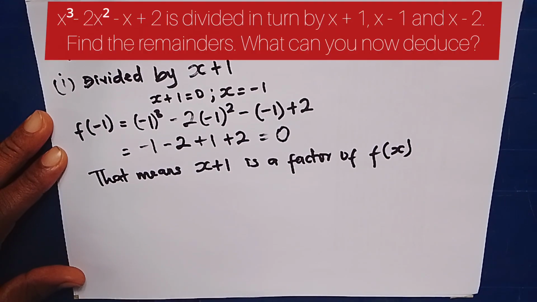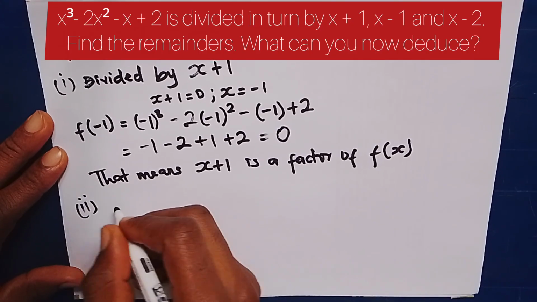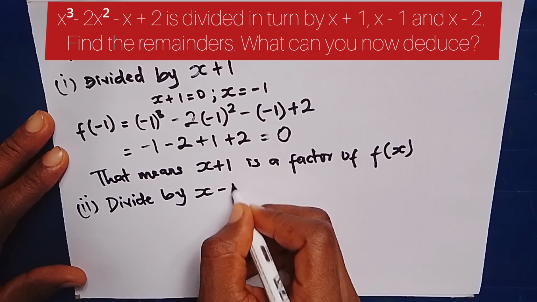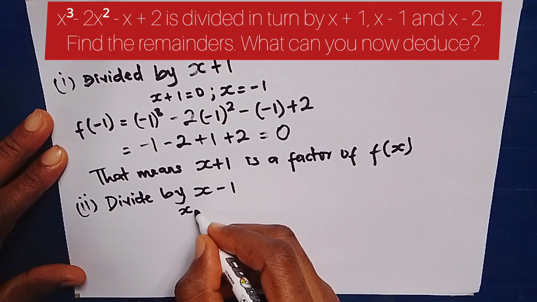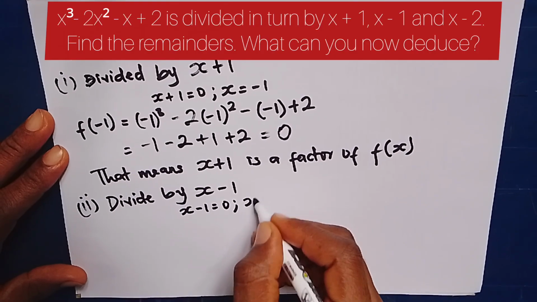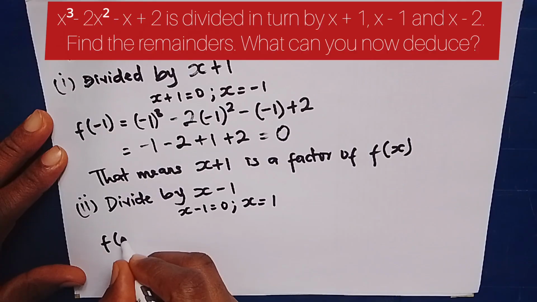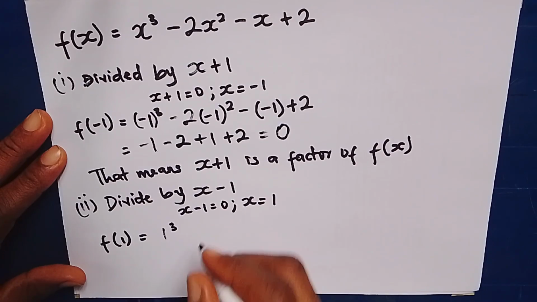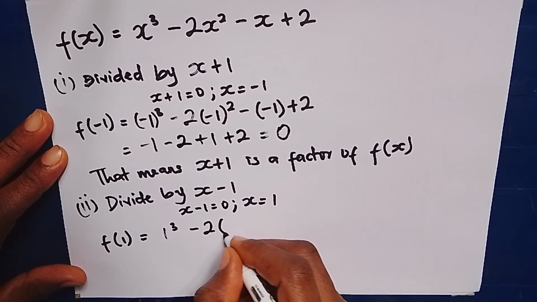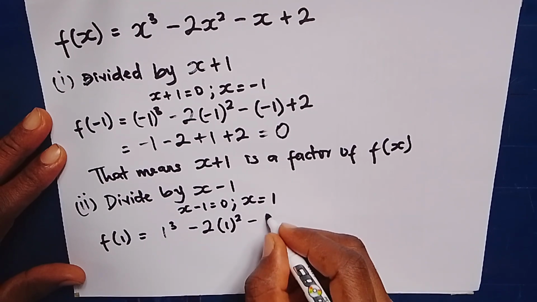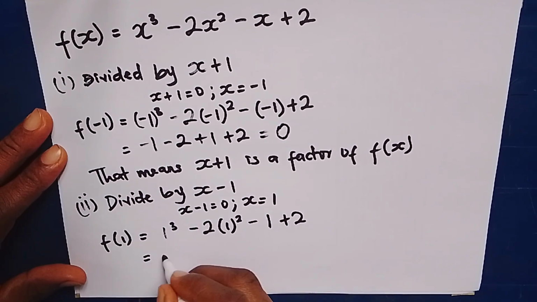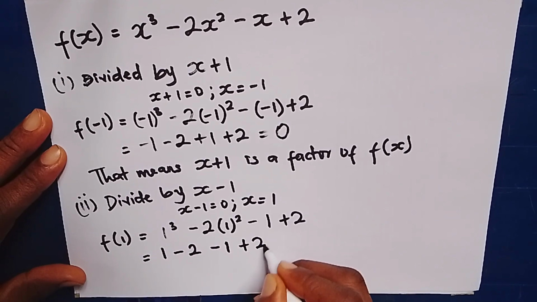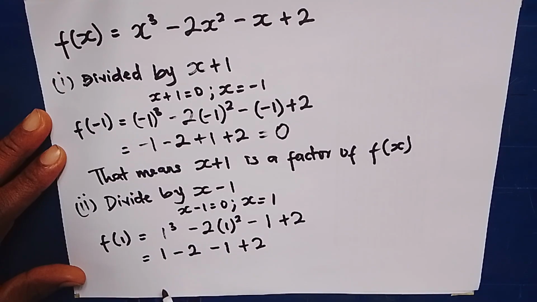Now to x minus 1, that is f of x divided by x minus 1. So our x minus 1 equal to 0, such that x is equal to 1. So by the time we have f of 1, we have 1 raised to the power 3 minus 2 times 1 squared minus 1 plus 2. So this becomes 1 minus 2 minus 1 plus 2. 1 minus 2 is equal to minus 1.